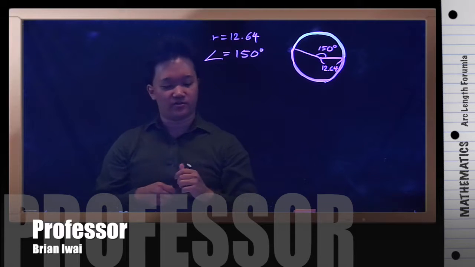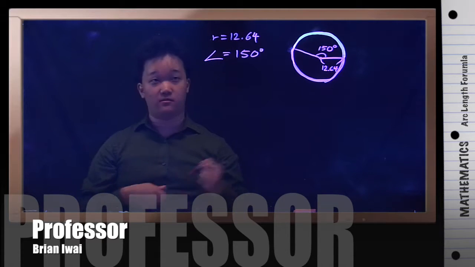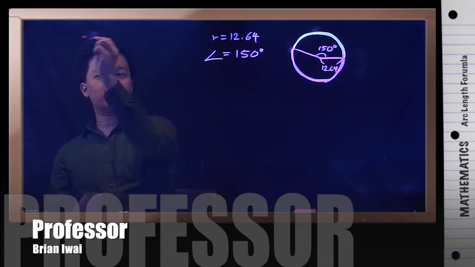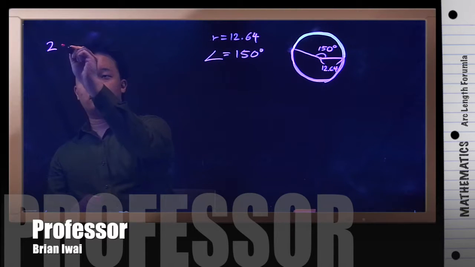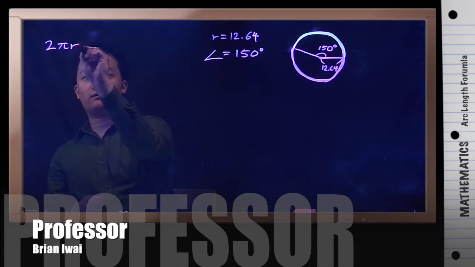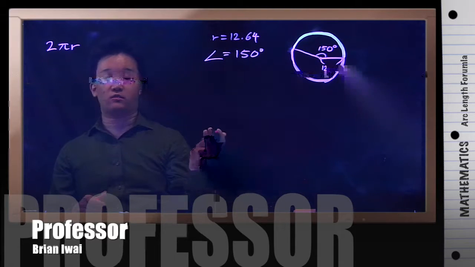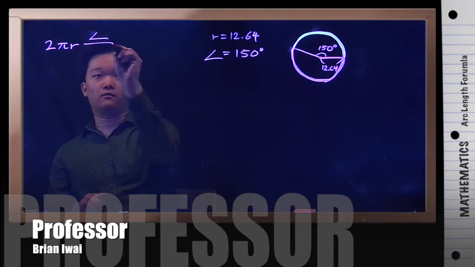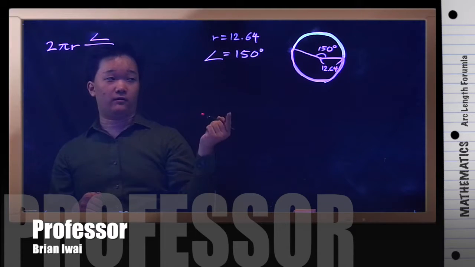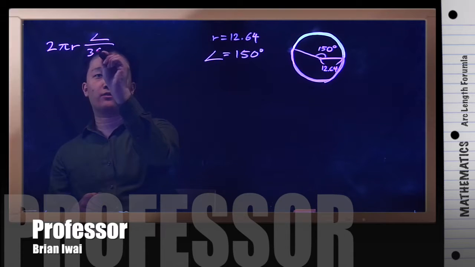So there are two ways to solve this problem. One way would be to use this formula of 2 pi r, which is the circumference of a circle, but you multiply it by the angle over the whole angle of a circle, which is 360 degrees.